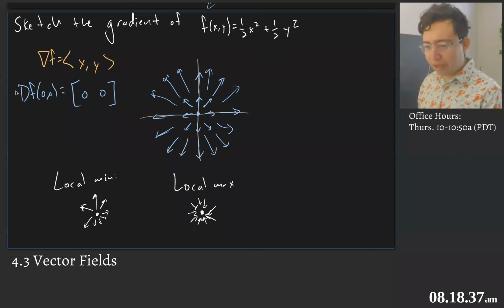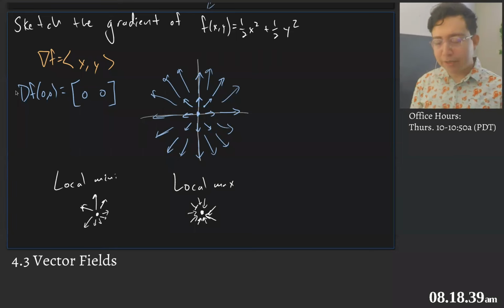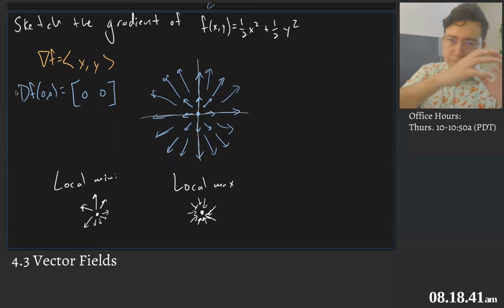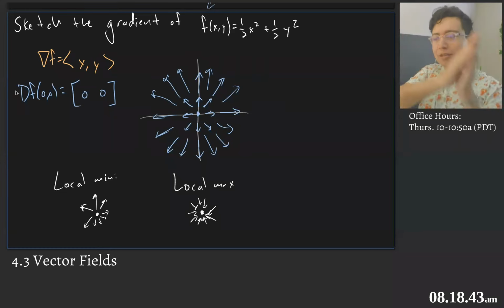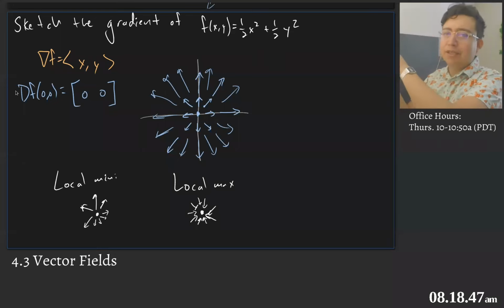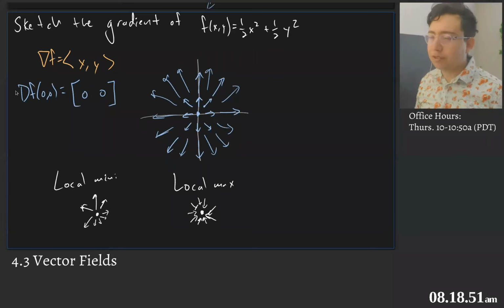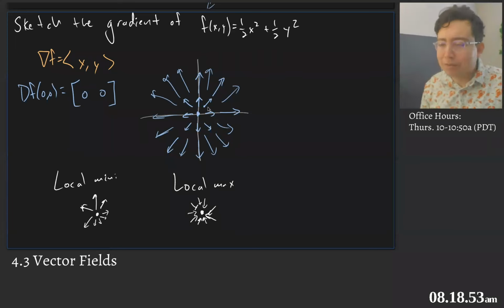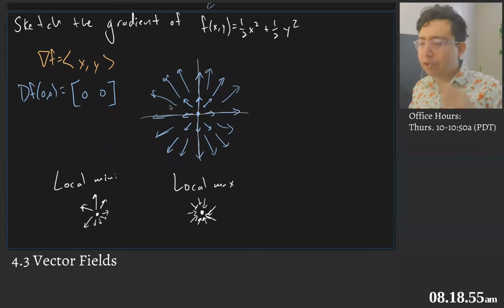Now there's a question of, can we go backwards, right? In single variable calculus, you spend a quarter or a semester learning about how to take derivatives. Then you have to spend another semester learning about how to take integrals, which is going the opposite direction. And so the question becomes, can we go backwards and get a function out of this vector field? And the answer is kind of.